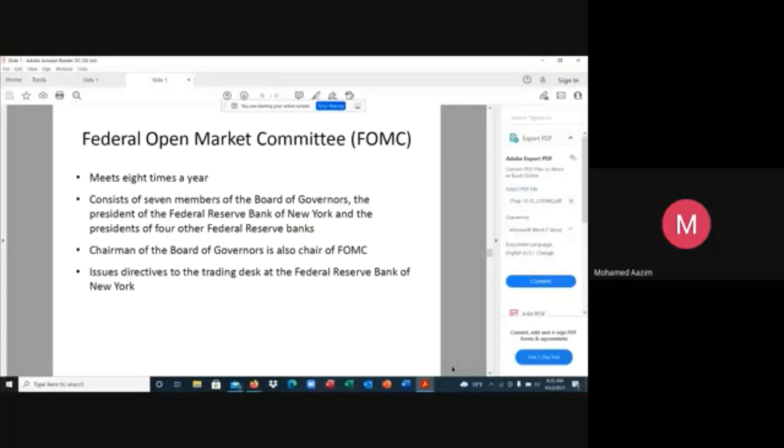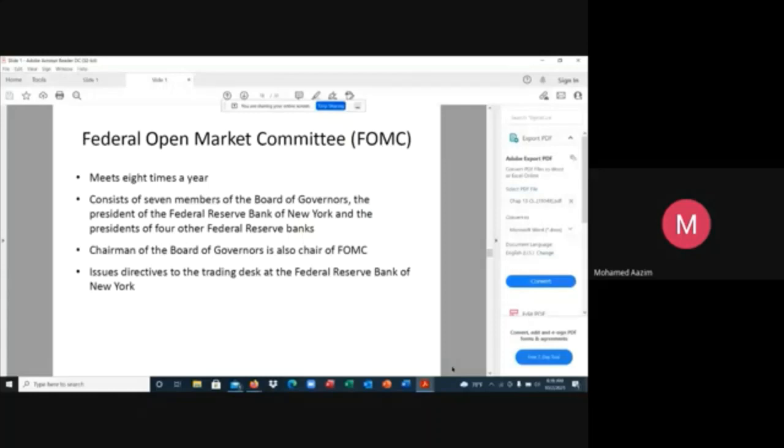This is announced in advance for the markets to understand, and these policy making bodies, the Monetary Board or for that matter the FOMC, would discuss in greater detail, and markets should not expect ad hoc changes.